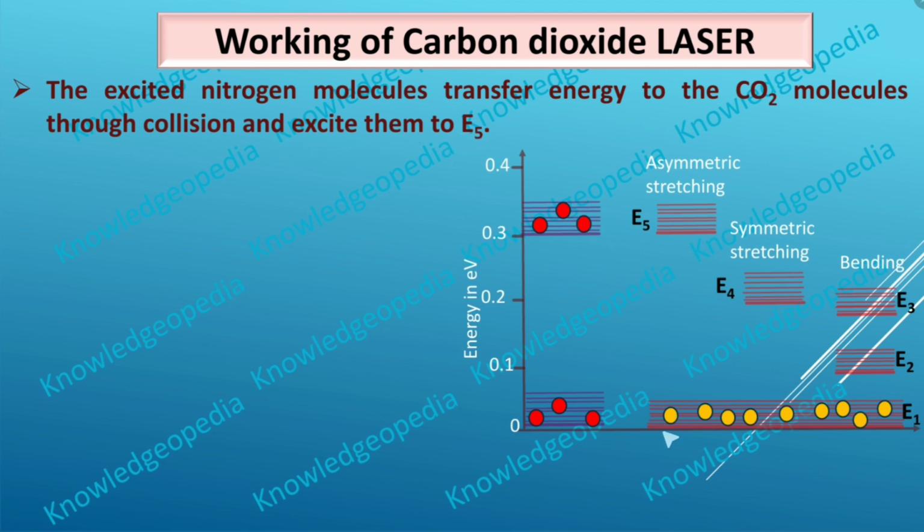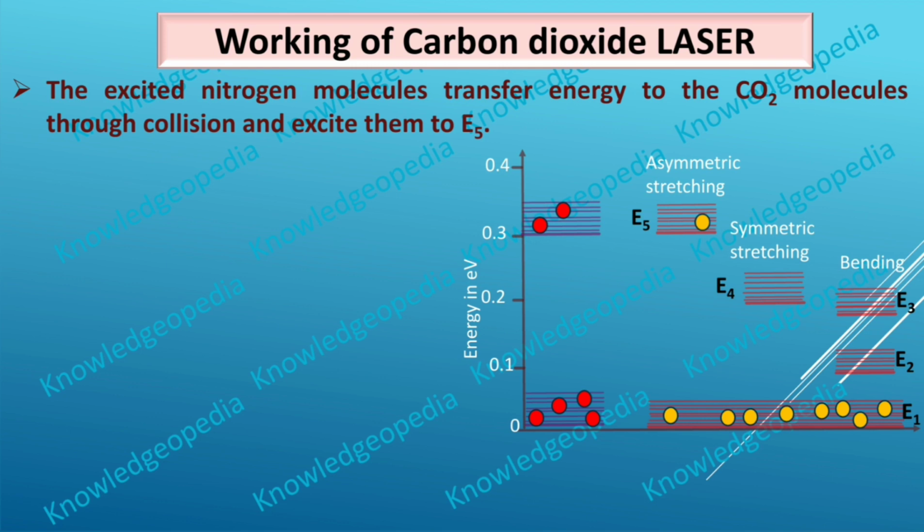They are colliding with the carbon dioxide molecules, and because of the collision they are transferring their energy to these carbon dioxide molecules, and as they give their energy to the carbon dioxide molecules, their energy will reduce, because of which they will come down to their ground state, and this carbon dioxide has received the energy from nitrogen molecules, right? So they will move to E5.